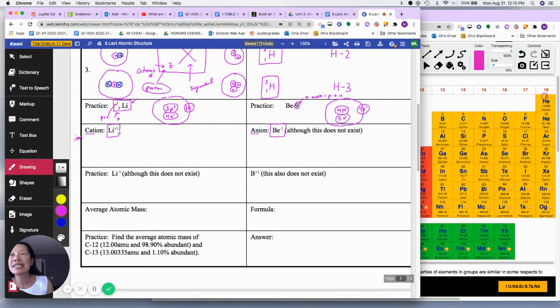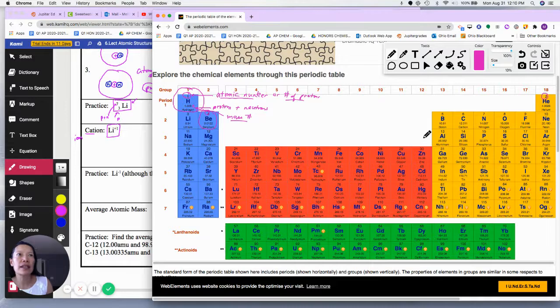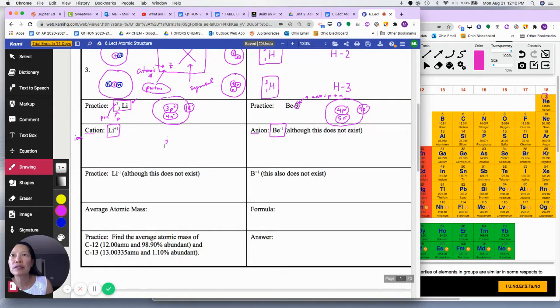So to draw this lithium ion, I would first look at the periodic table and look at the number of protons. Looking at the periodic table, lithium is right here, and zoom, there are 3 protons right there. So I will draw 3 protons.